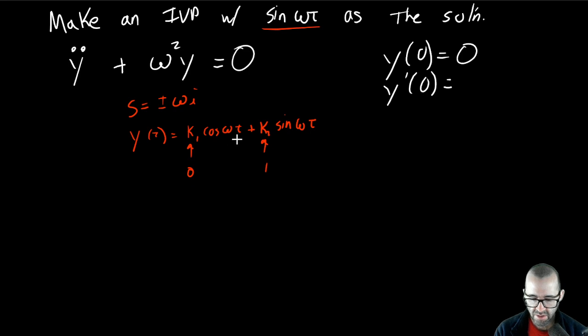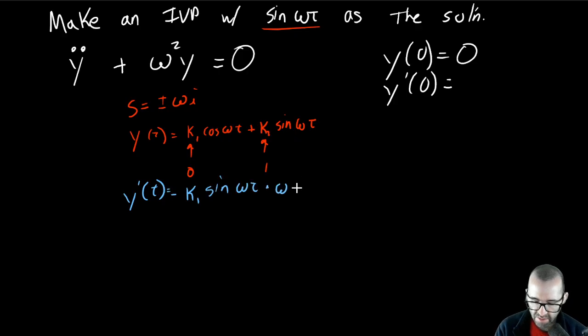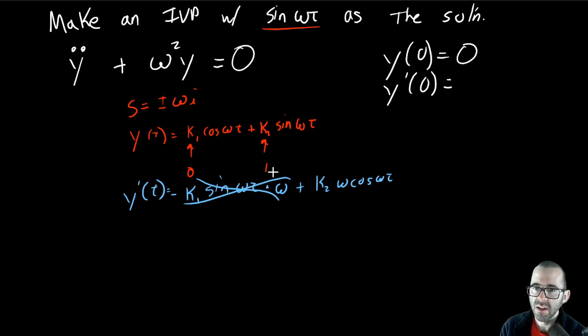But the derivative, all right, we're going to need that. It's going to be y prime of t is negative k1 sine of omega t times omega plus k2 omega cosine of omega t. And we plug in 0 here. This part doesn't matter. All right, so we wanted k1 to be 1.